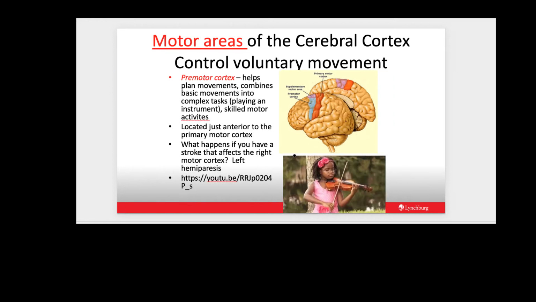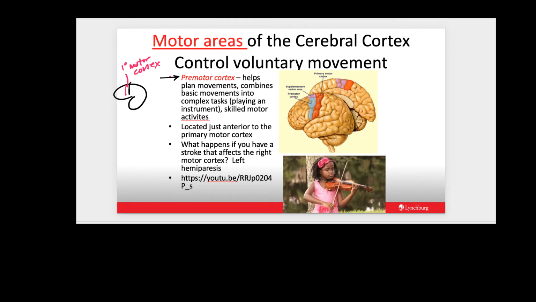Okay. Now, another interesting motor area is the premotor cortex. The premotor cortex is located just anterior to the primary motor cortex. So if you look at our brain again, we've got the central sulcus, and just in front of that the precentral gyrus with our primary motor cortex.